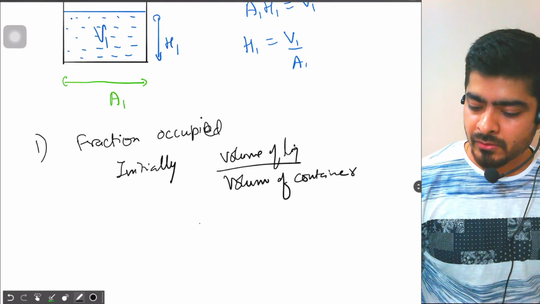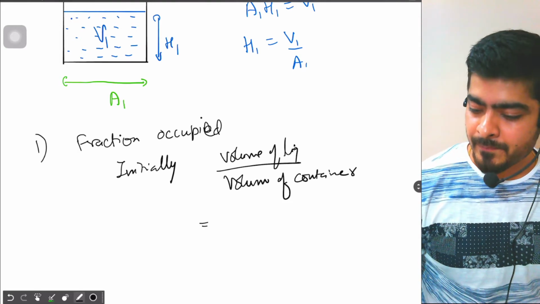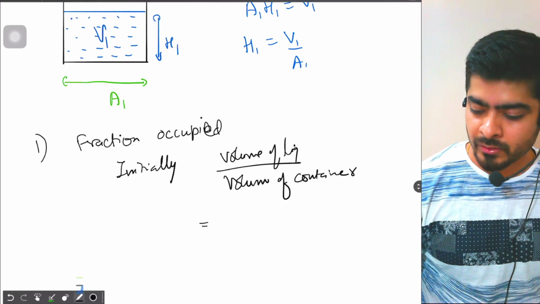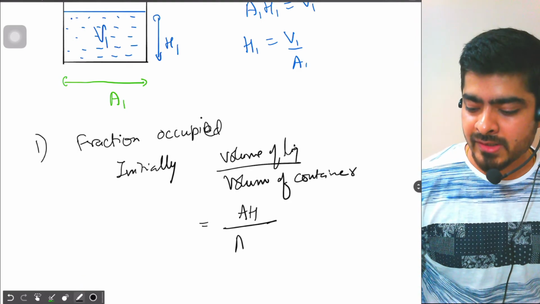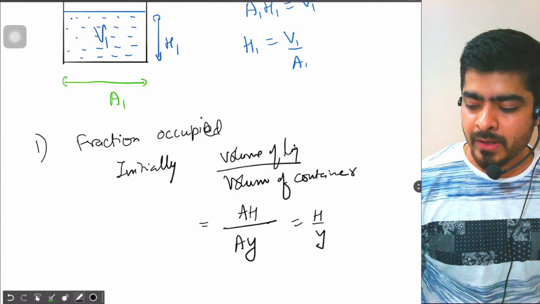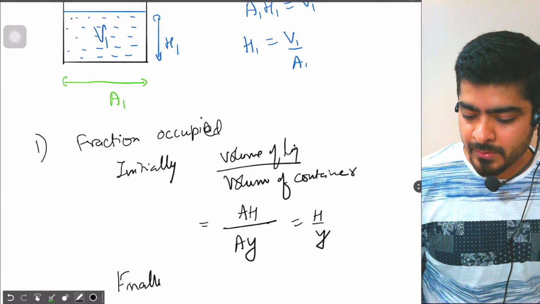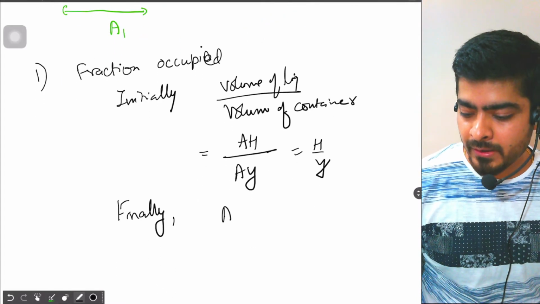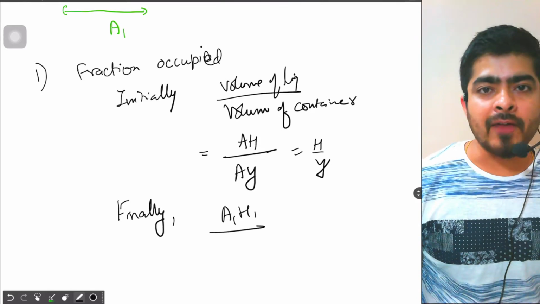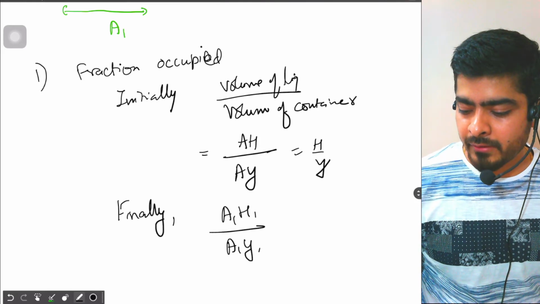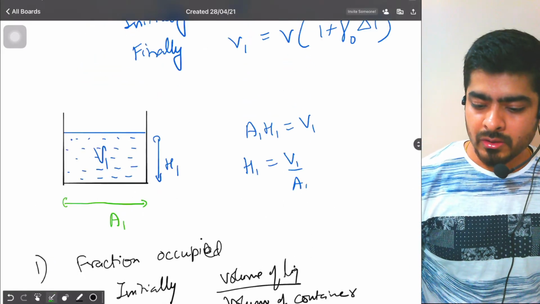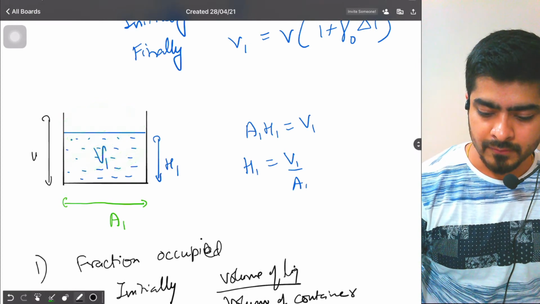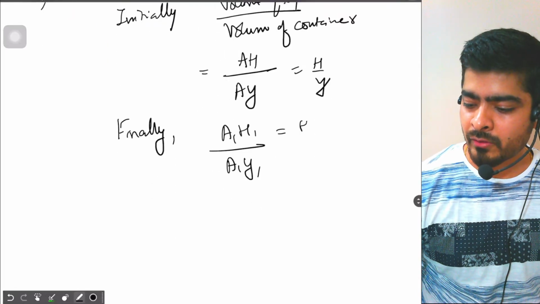Volume of liquid initially is equal to V, or we could also write it as A H divided by volume of container, which is A Y, so this is equal to H by Y. And finally the fraction will be final volume of liquid A1 H1 and final volume of container A1 Y1. Total volume of container will be A1 Y1, correct? So this is equal to H1 by Y1.